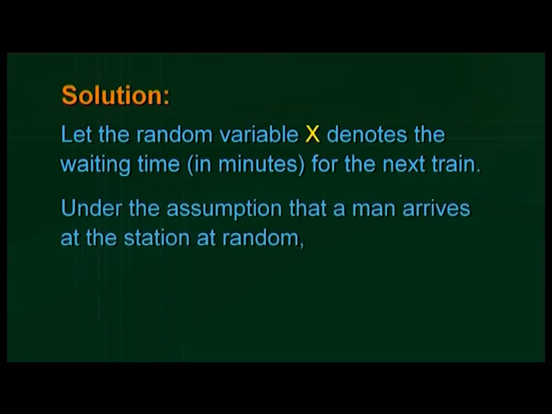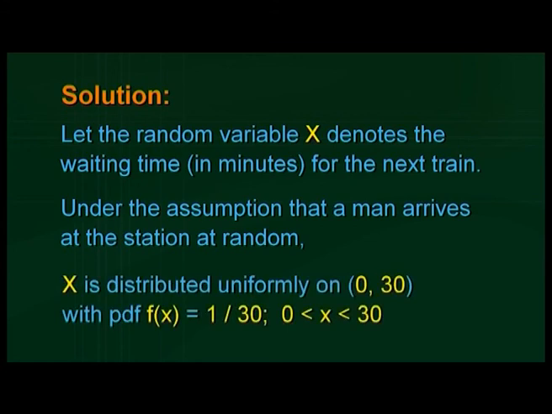Under the assumption that a man arrives at the station at random, x is distributed uniformly on (0, 30), with probability density function f of x is equal to 1 divided by 30, where 0 less than x less than 30.